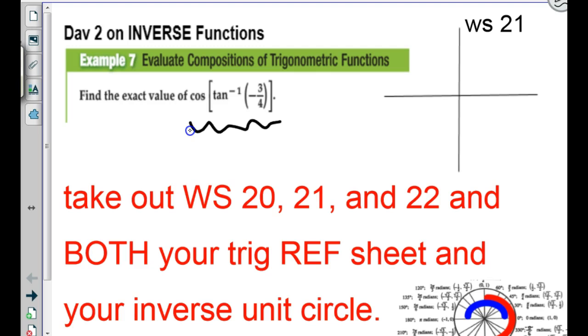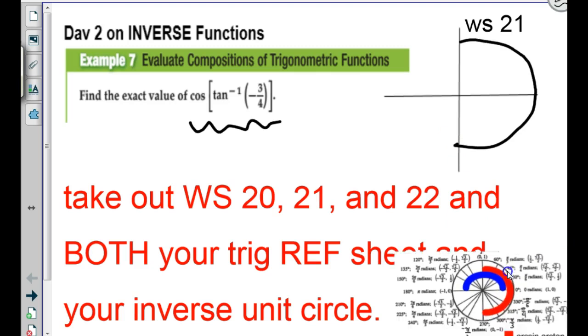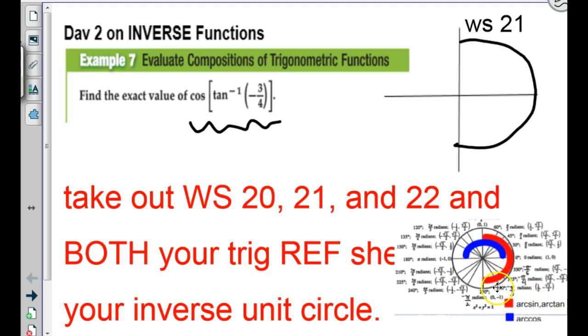But what quadrant is the arctangent negative? 4. Inverse tangent is in these two quadrants, right? Here's your little colored unit circle, very tiny down here. But arctangent is negative down here somewhere. So this is where I'm talking about drawing this.